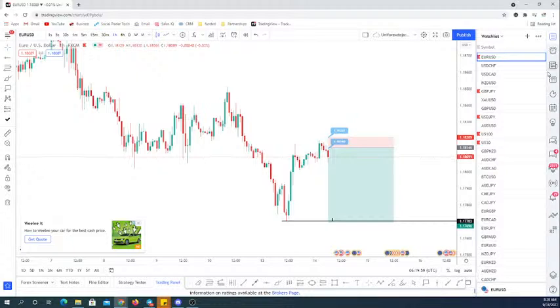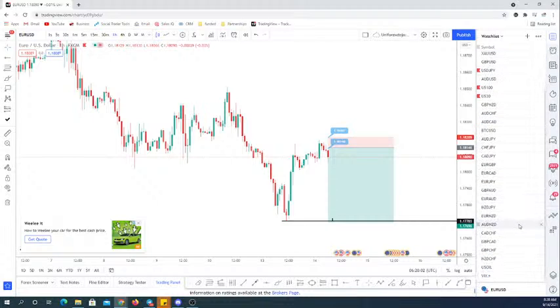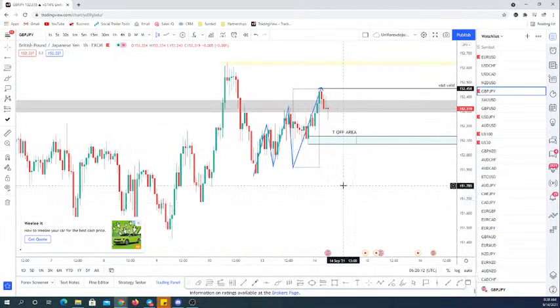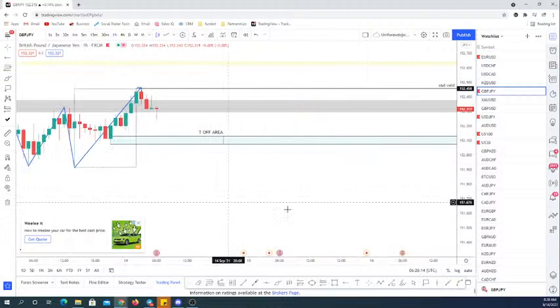GJ and US 30. GJ, I think we're also still waiting for a setup. So, yep, we are waiting for it. So, we're waiting for price to basically push up here.